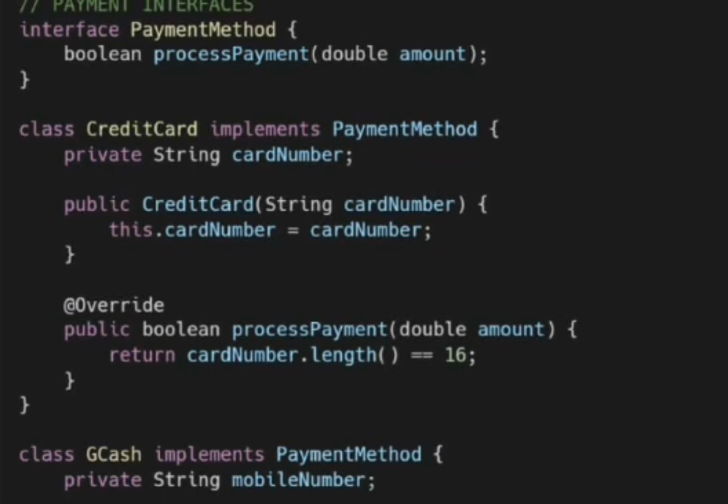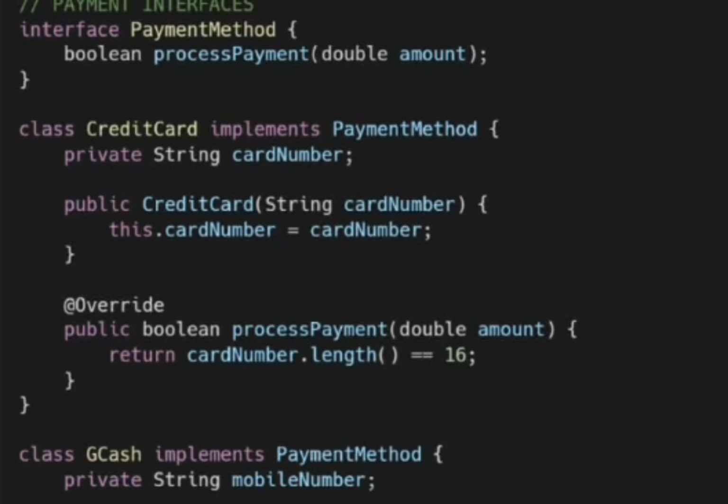The private keyword means this variable can only be accessed from within the CreditCard class. The constructor public CreditCard(String cardNumber) takes a string representing the card number as input and initializes the cardNumber member variable. The @Override indicates that we're overriding a method from the PaymentMethod interface.